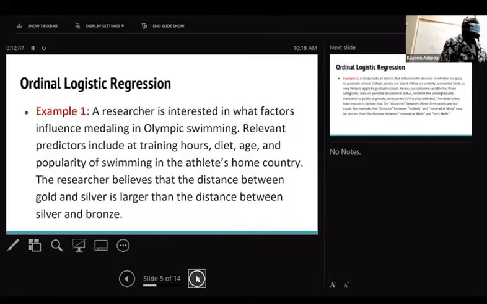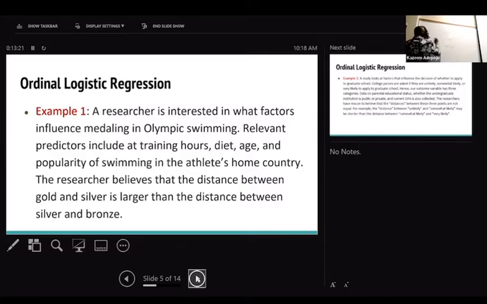A researcher is considering factors that actually influence winning Olympic medals in swimming. Of course, there are some factors that could determine that. But what are the levels of the response? The levels of the response, we mean type of medals: gold, silver, bronze.